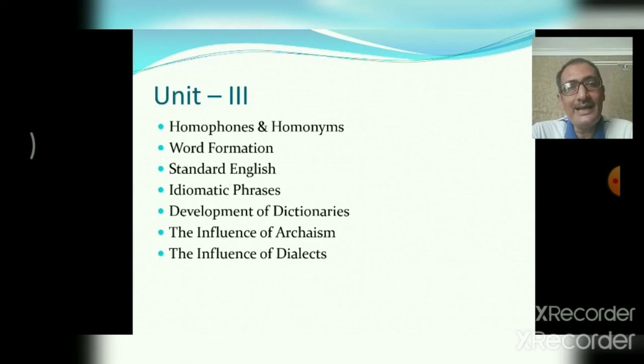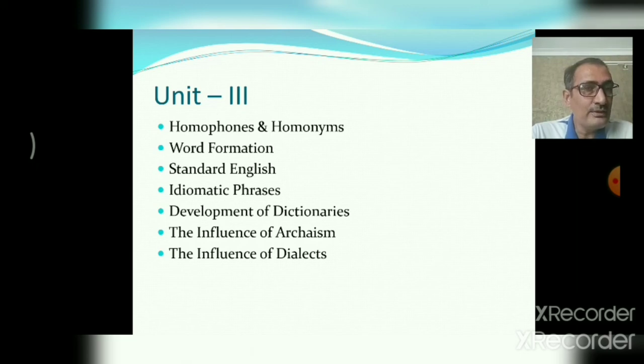And at last, the topic is influence of dialects. When we speak any language, we try to use the polished language as much as possible. But any language cannot avoid the influence of its original dialect.